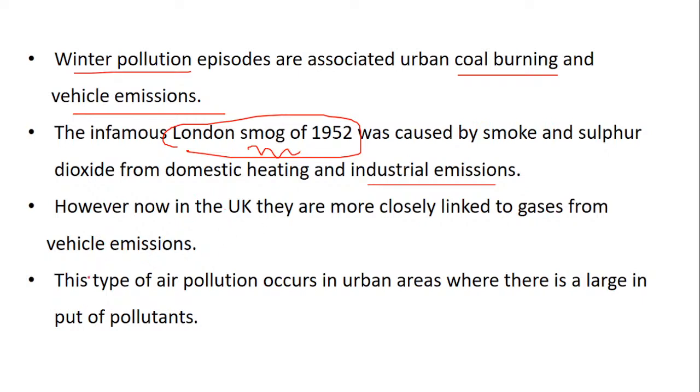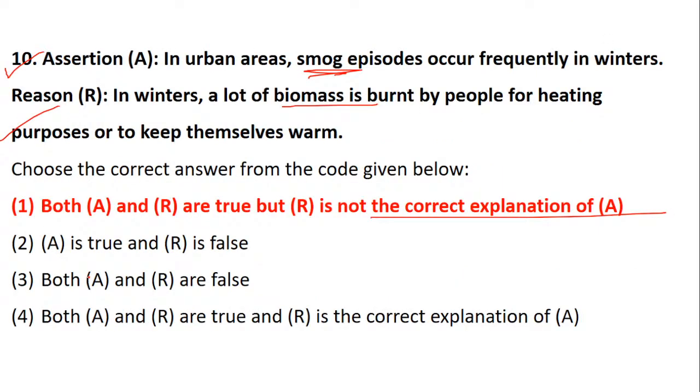So when we talk about smog, it has reasons. The reasons can be burning, domestic, vehicle or industrial. Not only one reason is there. So the formation of smog has multiple reasons, and the reason statement was talking about only one. So the explanation is wrong. Is it clear, Pankaj?